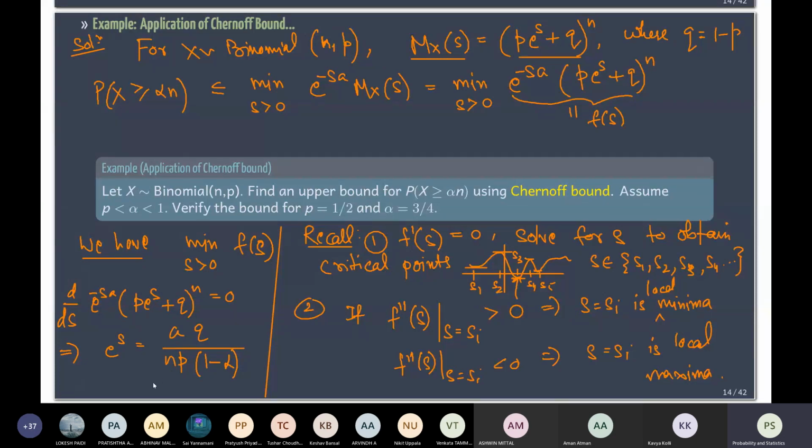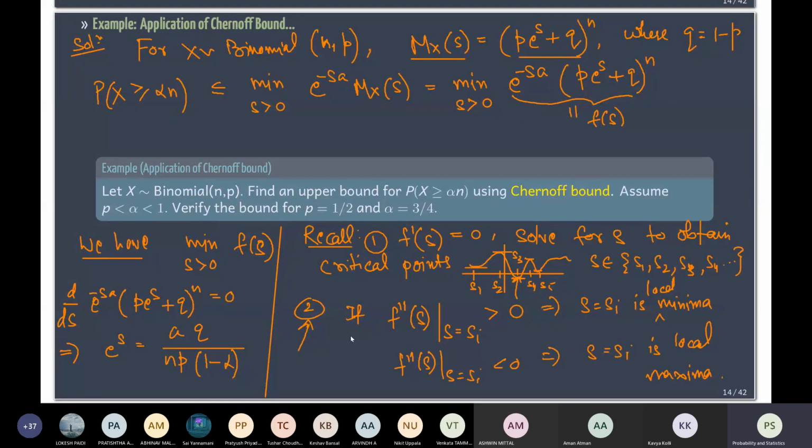And I also claim that this will be the minima. In other words, the one more step that you are left with is to go ahead and do the double derivative. First of all, I'm saying that this is the only s. You may not have to explicitly solve because maybe in the double prime you will be left with e to the s, so it's better to keep it in e to the s form, and then you substitute it here, and you have to prove that this is greater than 0, and then you claim that the s for which e to the s is this is the minima.